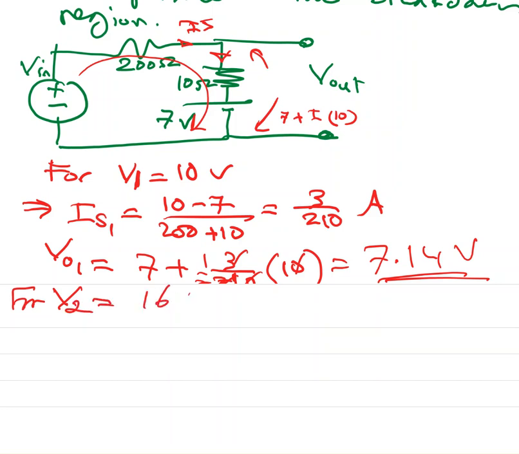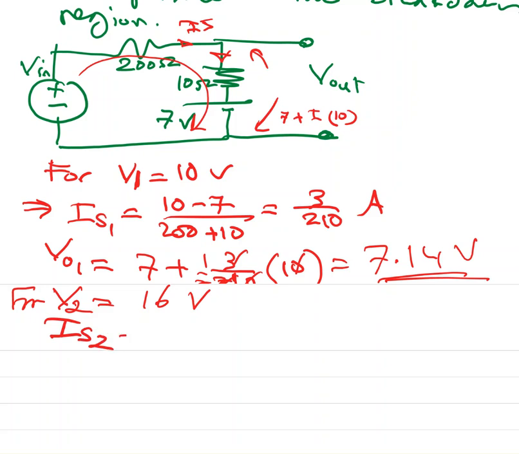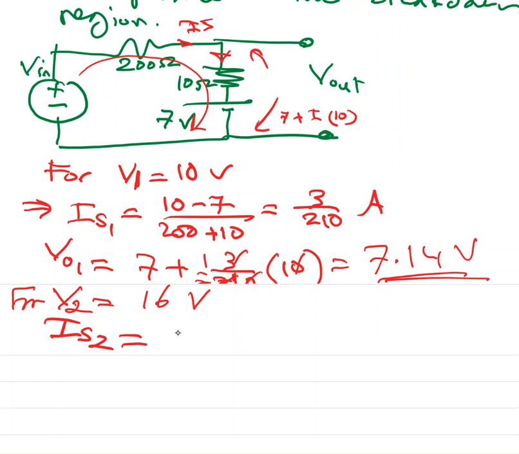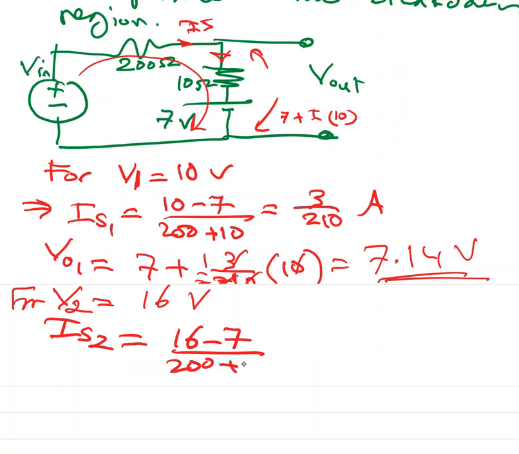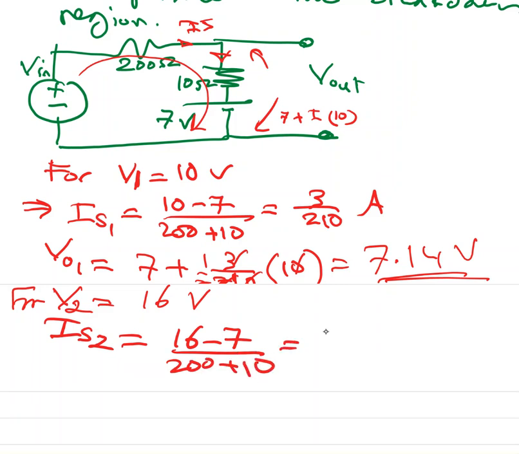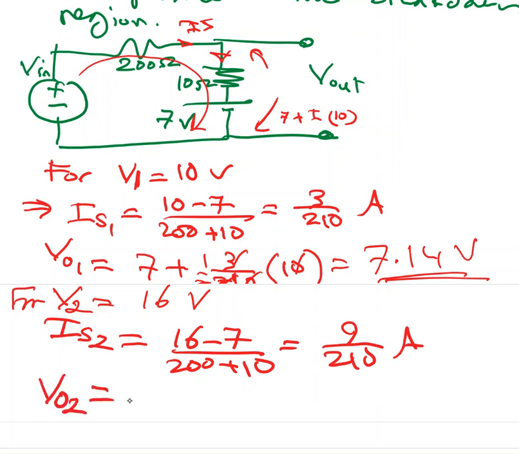Now, let's take the case where V2 equals 16 volts. What do we have in this case? We have IS2 equals 16 minus 7 divided by 200 plus 10. And that would be 9 over 210 amperes. Again, we do the same thing: V output 2 will be equal to 7 plus 9 over 210 multiplied by 10.